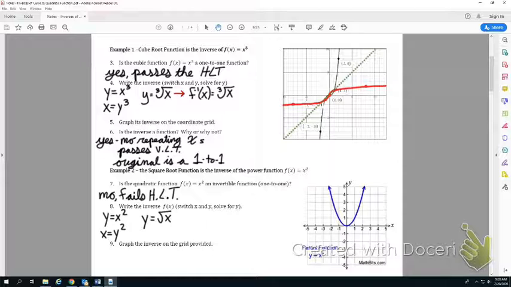So how do I need to write the inverse of this one? The top one or the bottom one? Top. Why the top? Because it's not a 1-to-1. Because it's not a function. Yes. Okay? That's what the original not being a 1-to-1 tells us, that it's not a function.